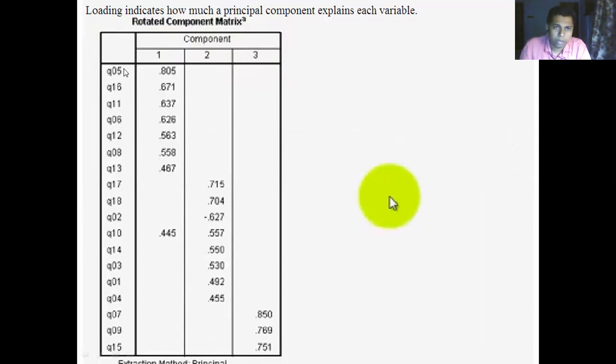This is actually the value of the correlation between the principal components and the variable. How the variable is loaded onto some particular components, that we can check. And you can see that loading indicates how much a principal component explains each variable.